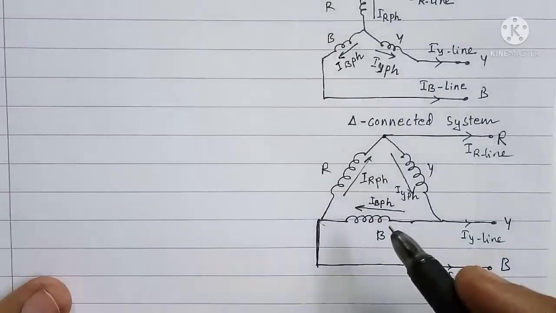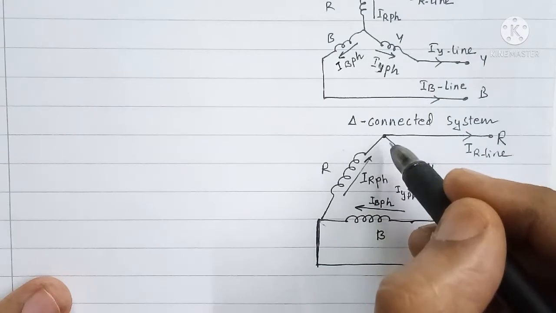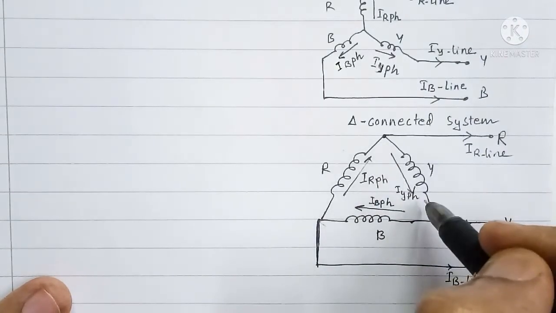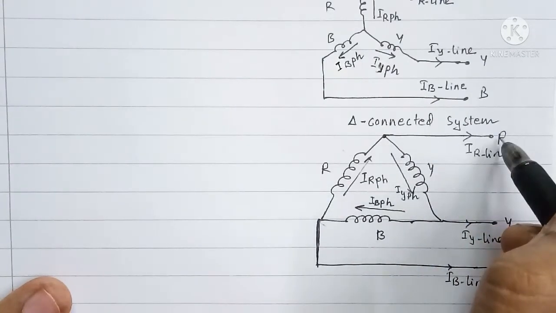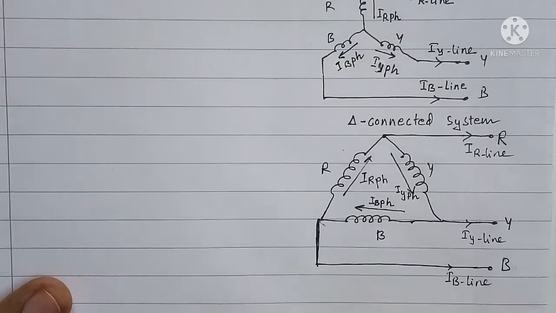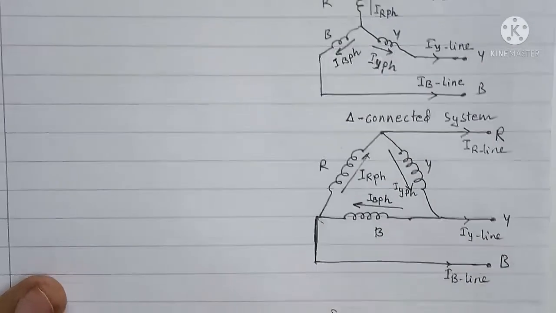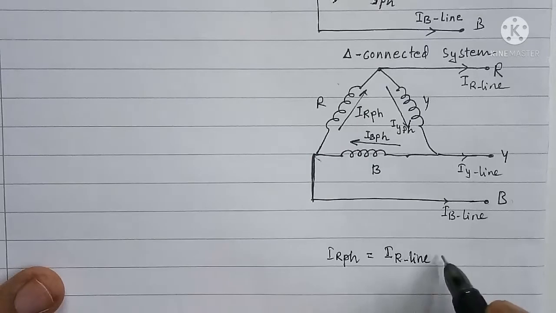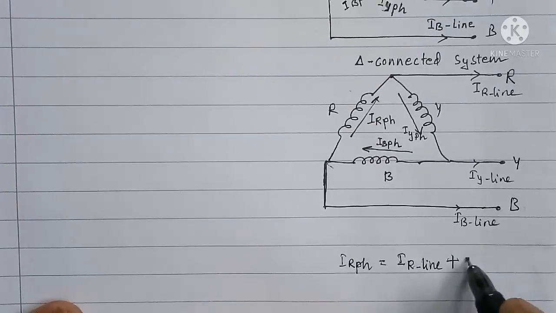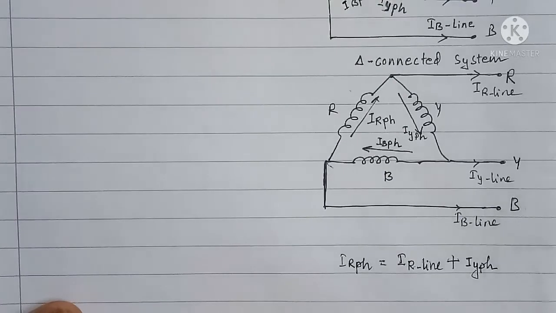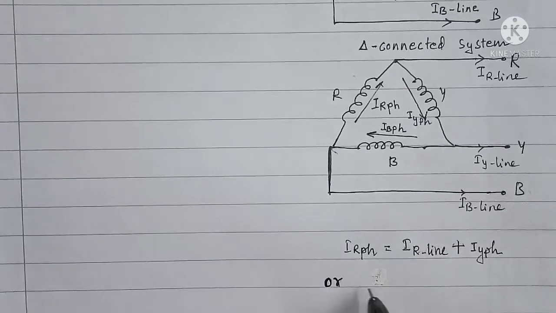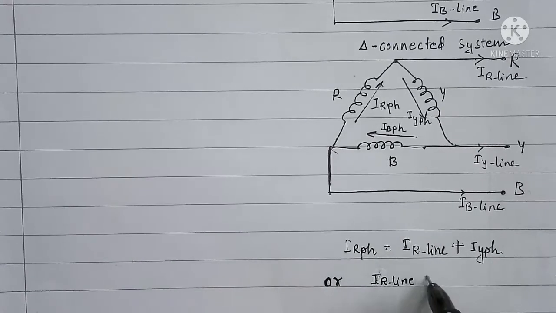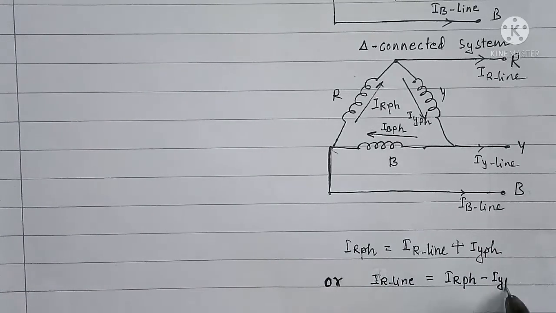If you apply KCL here, IRPH is incoming current, IYPH is outgoing current, and IR line is also outgoing current, which means that IRPH is equal to IR line plus IYPH, or IR line is equal to IRPH minus IYPH.